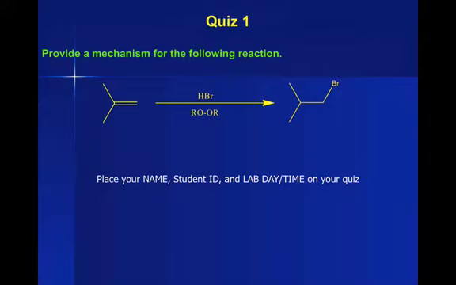Okay? What three steps do we have in free radical reactions? Initiation, propagation, and termination. So where are we going to start? Initiation. And what's going to be the initiator here?